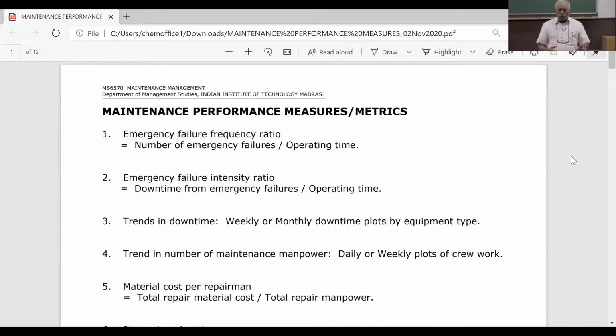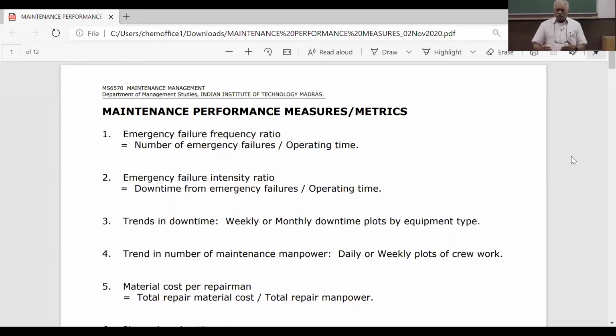So if I do the maintenance performance evaluation measures, say week by week, you can compare a subset of weeks with another subset of weeks.